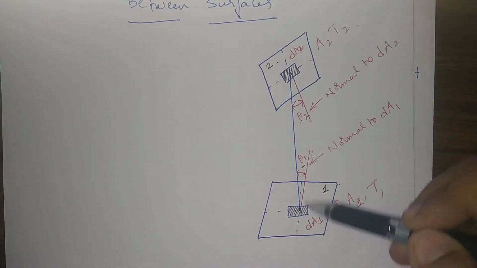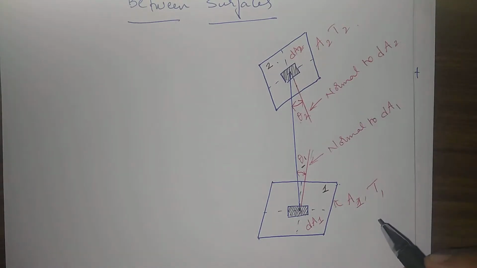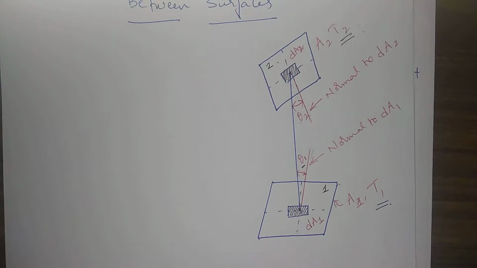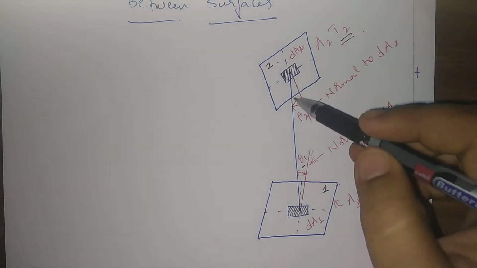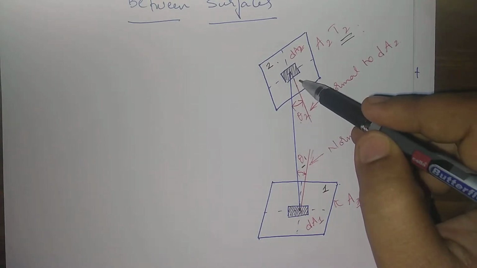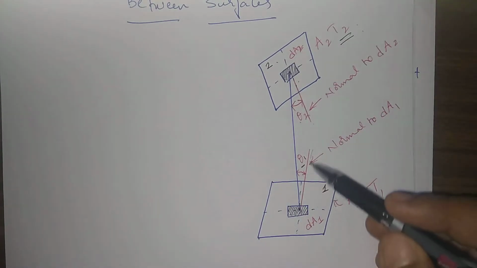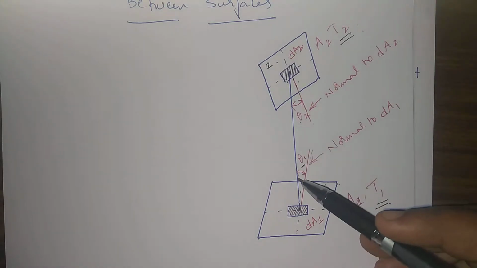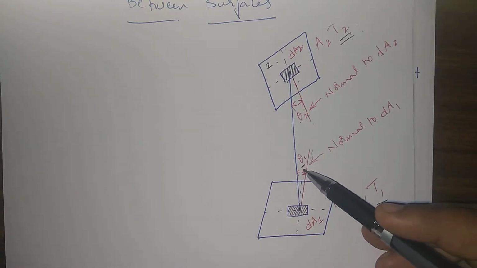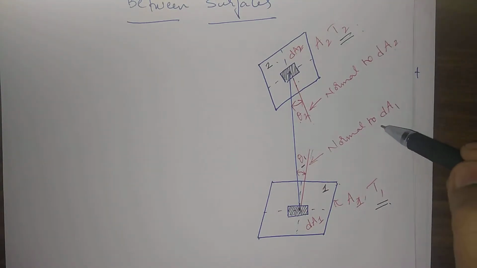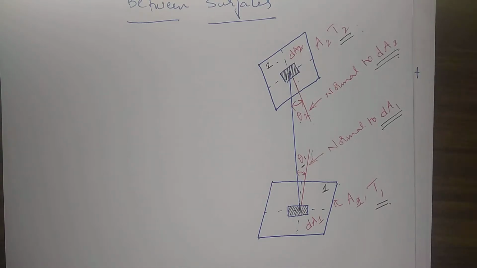And these two bodies are maintained at temperatures T1 and T2 respectively. Got it? So this is the normal line, whatever I have written in red color, which is normal to dA2, and this line is normal to dA1, and accordingly the angle which is made is theta 1 and theta 2 respectively. So it is dA2 and dA1 respectively. Are you able to understand?